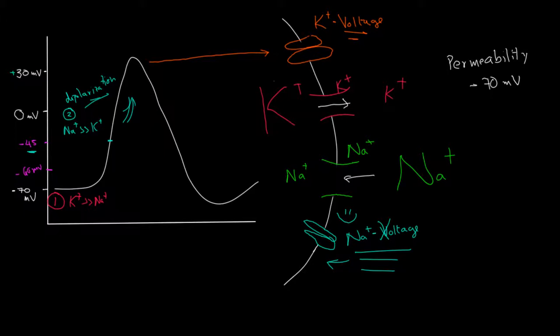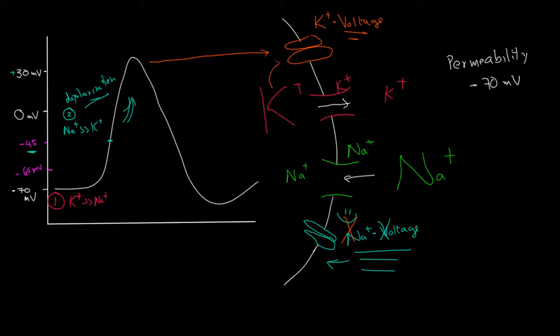Now when this opens, you'll have to remember that up until this point, this entire rapid depolarization phase, the flow of sodium inwards was overshadowing the flow of potassium outwards, which is why there was so much positive moving in, and it really didn't matter how much positive was moving out. Now at this point though, this has already started to close, okay? And we're suddenly opening this voltage-gated potassium channel.